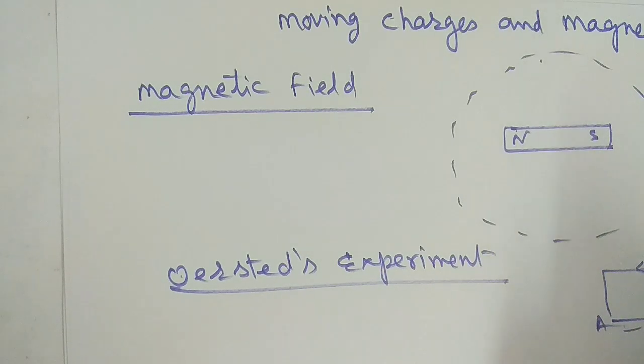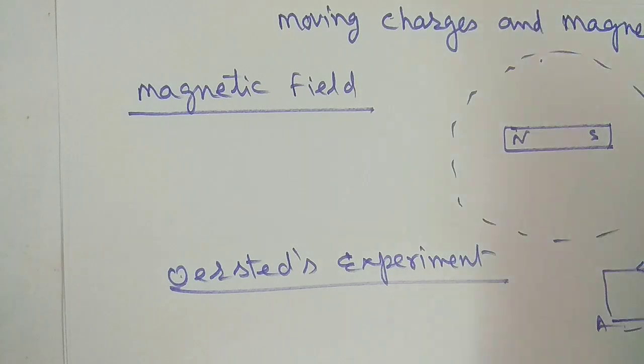This deflection happens only in the presence of a magnetic field. It means the current is producing a magnetic field around this conductor.